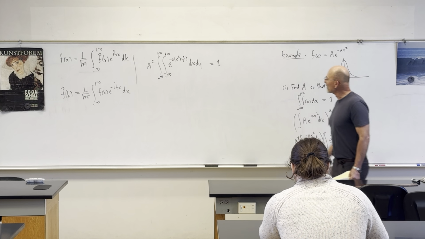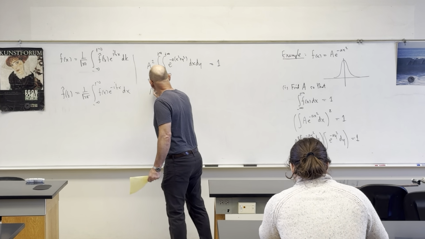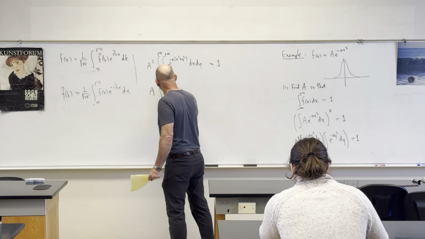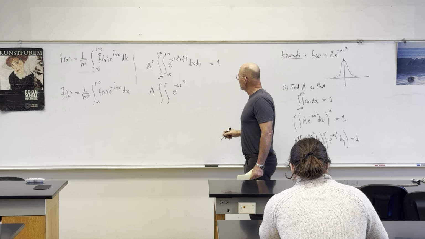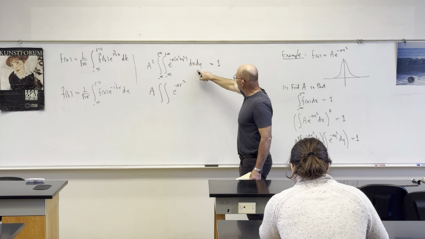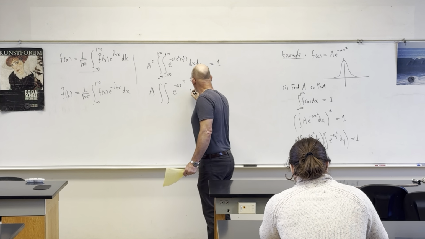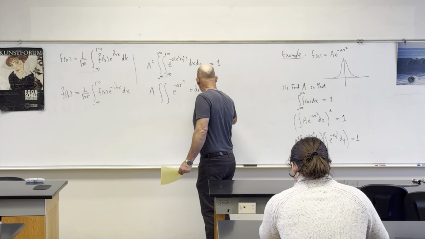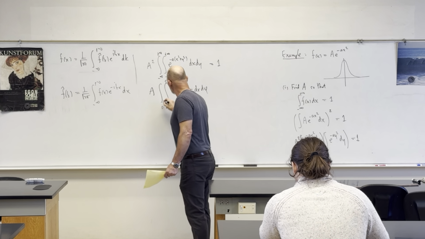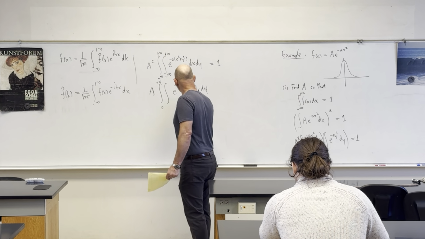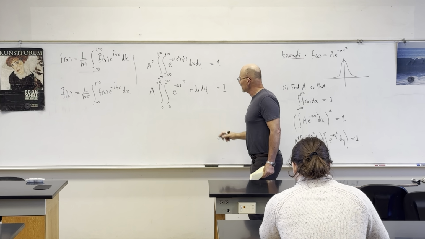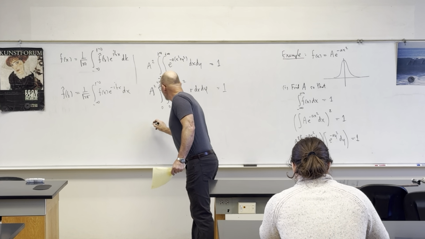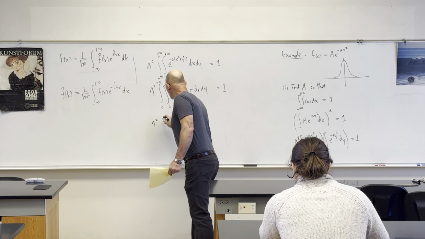With x squared plus y squared, we can do a transformation. We can have e to the minus a r squared using plane polar coordinates, and dx dy is going to be r dr d phi, where d phi goes from 0 to 2 pi and dr goes from 0 to infinity. This gives us A squared.